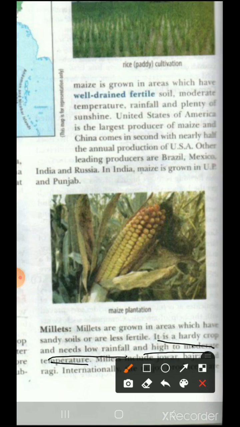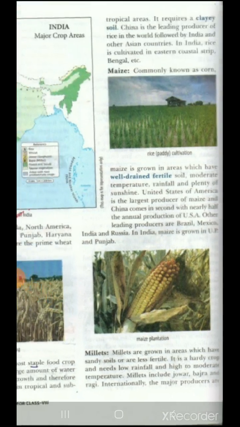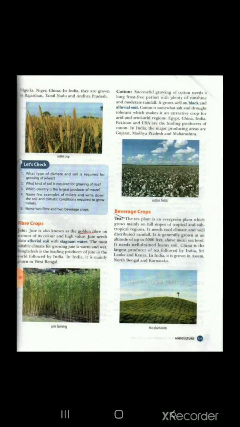Millets include jowar, bajra and ragi. Nigeria, Niger and China are the leading producing countries of the world.